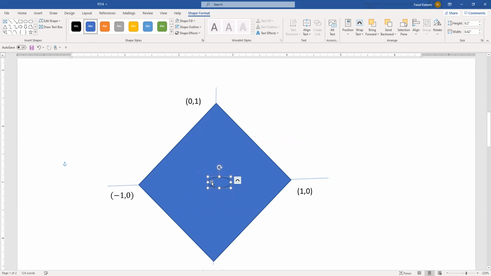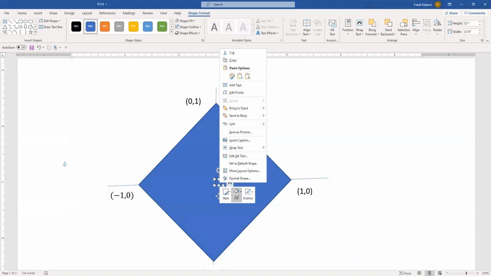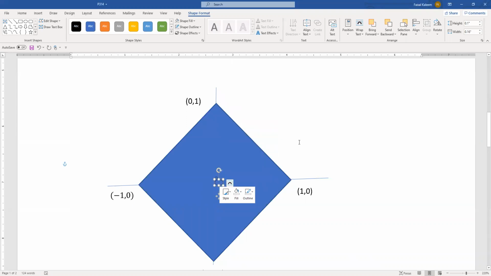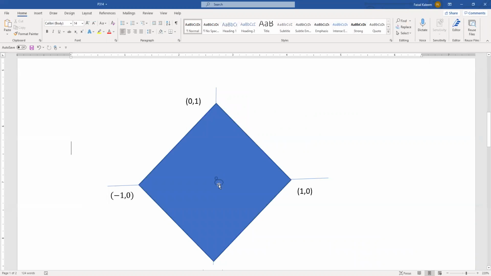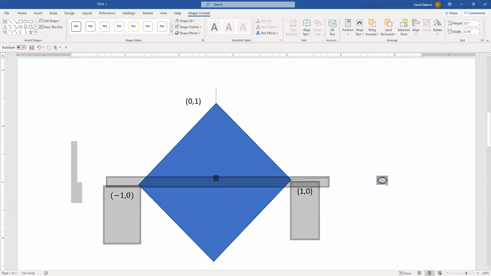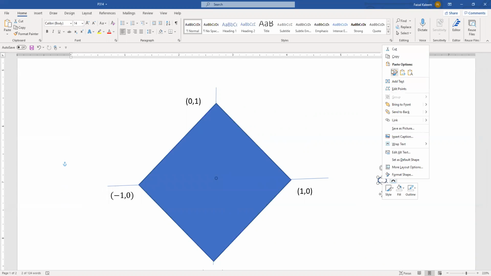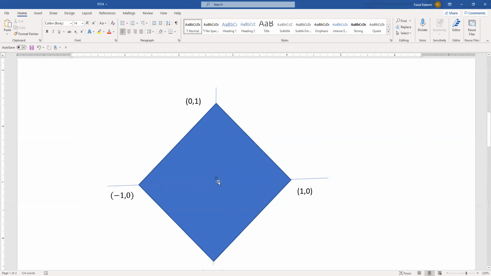It's a continuous variable. Okay, so let's see. If we just get rid of this one, this looks like a good way to remove the origin. Okay, so the origin is removed.